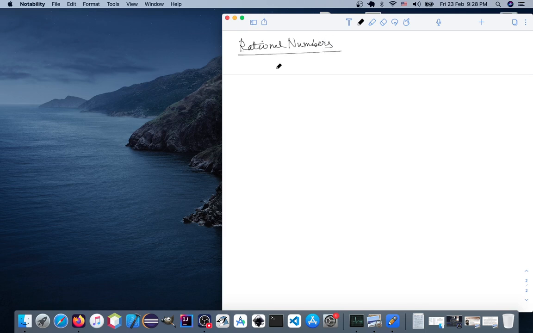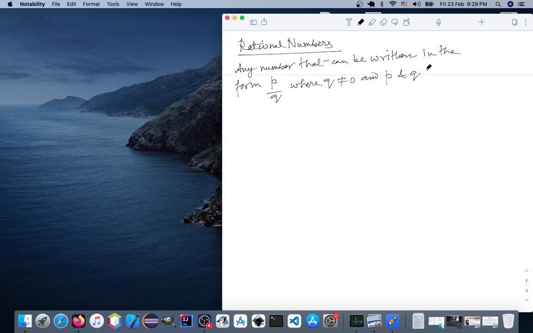What is a rational number? A rational number is any number that can be written in the form P by Q, where Q is not equal to 0 and P and Q are integers.